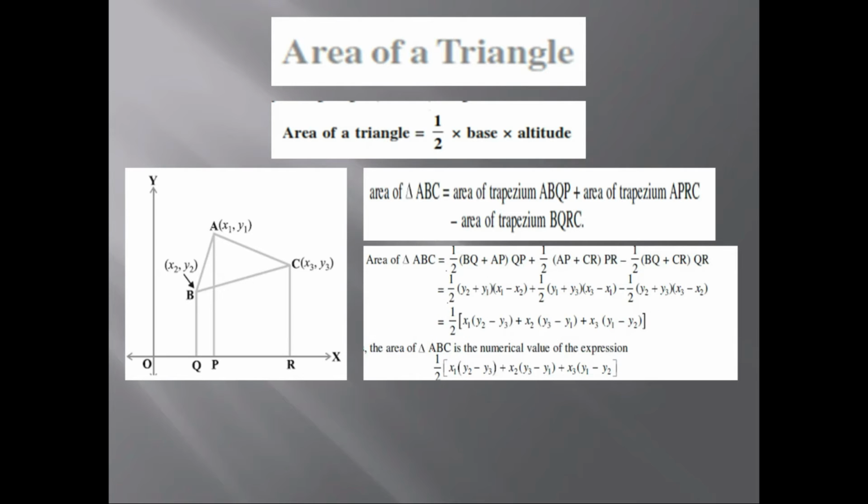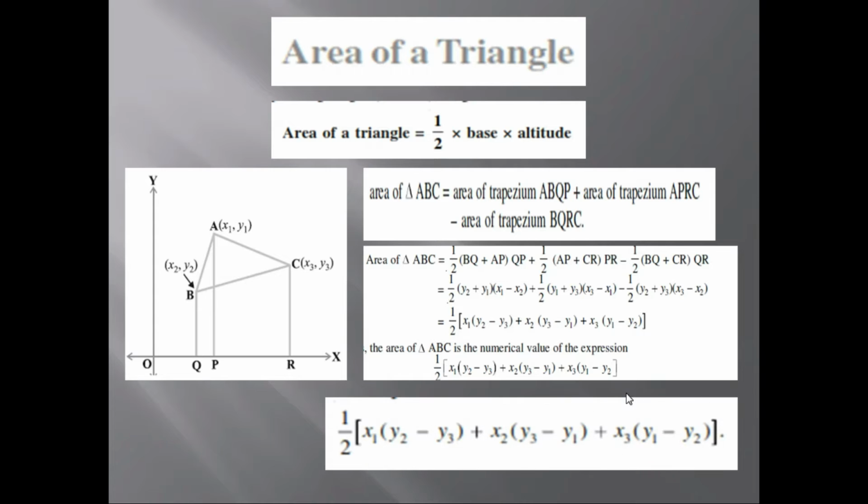After doing this calculation, you get area of ABC equal to 1 by 2 into x1 into y2 minus y3 plus x2 into y3 minus y1 plus x3 into y1 minus y2. This is the formula for the area of a triangle, but it is not there this year, so we are not going to study this. It means that exercise number 7.3 will also not be part of your syllabus.